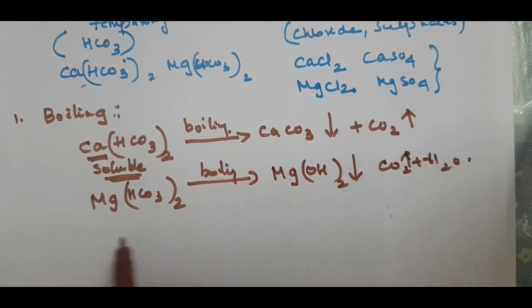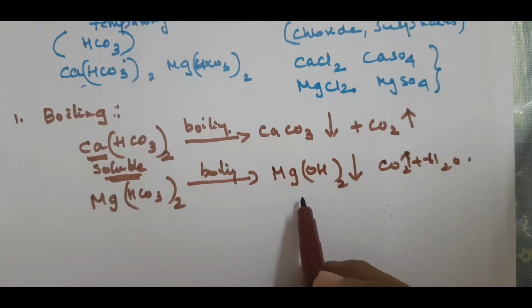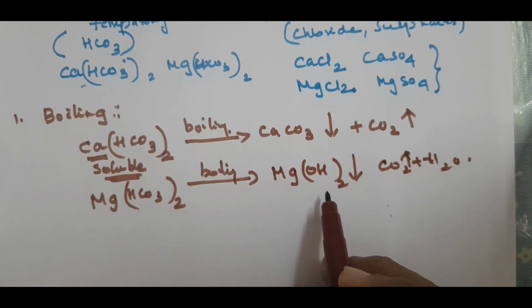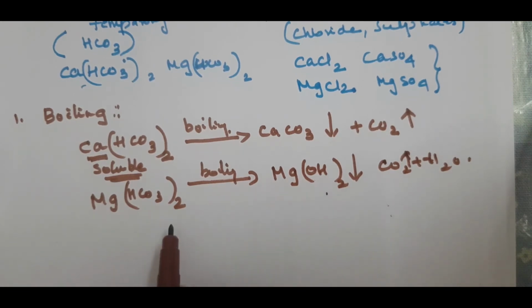Now, why? Why is this magnesium not precipitating as magnesium carbonate? Instead, it is precipitated as magnesium hydroxide. Okay. So why is it precipitated as magnesium hydroxide? Because see, we have studied the solubility product of magnesium hydroxide.